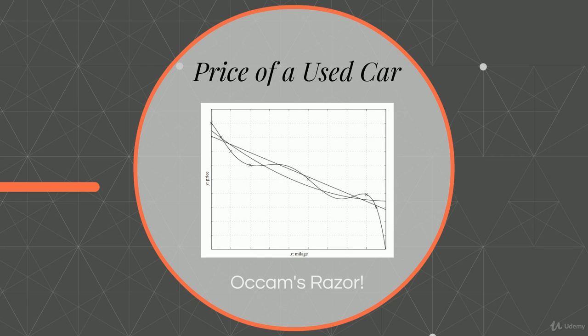We want a model that doesn't fit the data exactly, but captures the overall trend of the data so that it can generalize to future predictions very well. So when you're doing a linear regression task, make sure that the polynomial or the linear model that you're outputting is not overly complex, but instead matches the complexity of the underlying data.